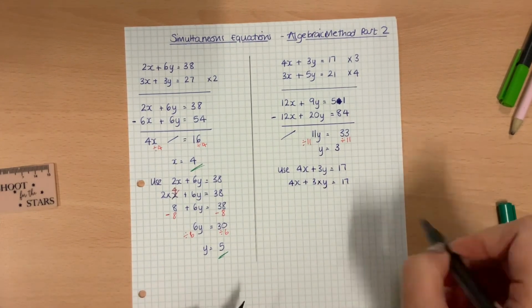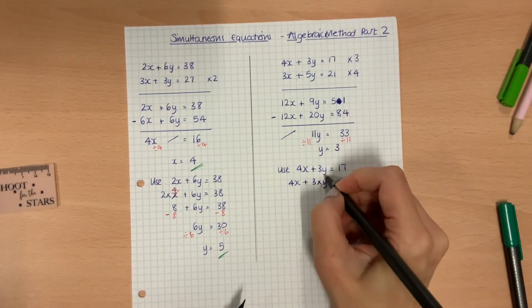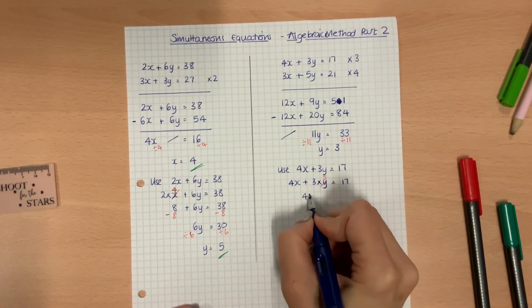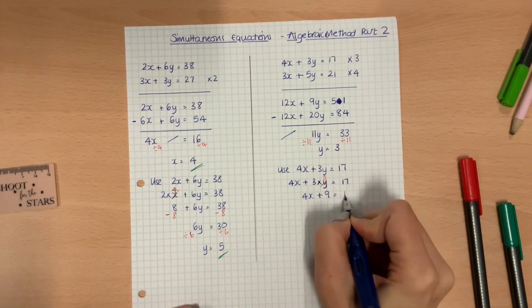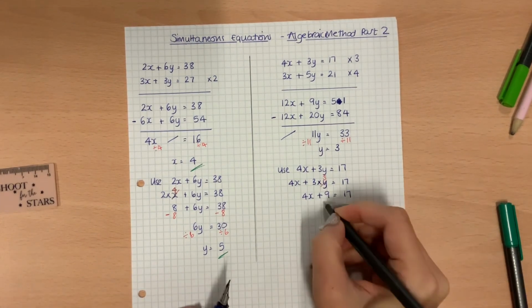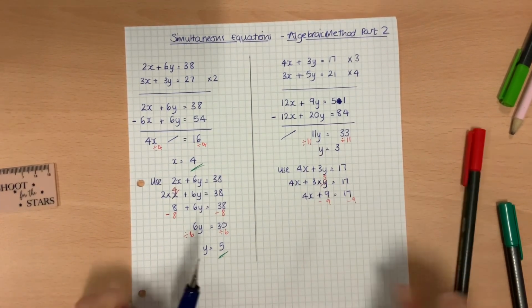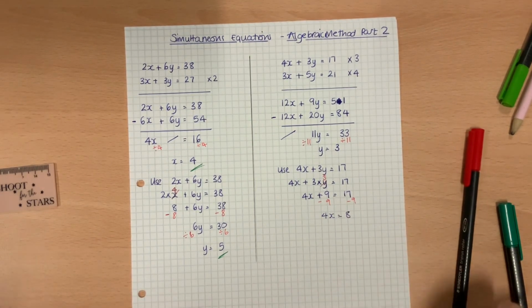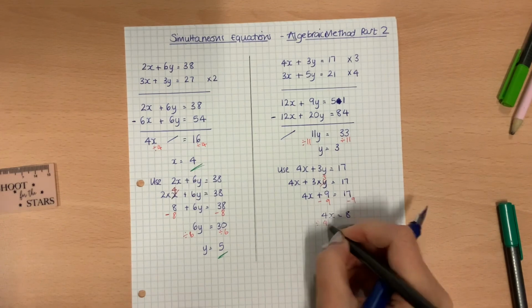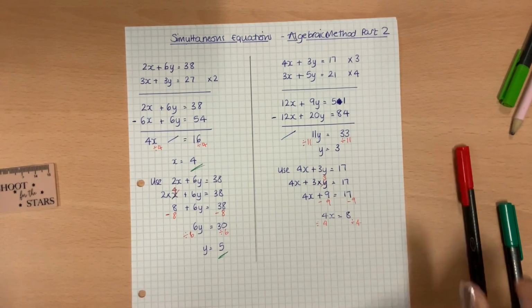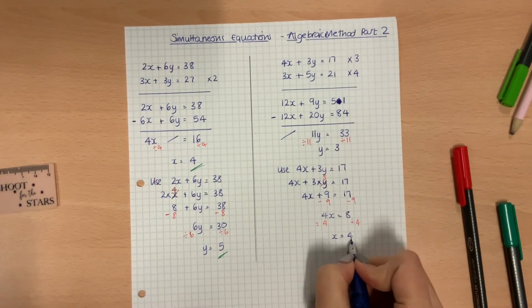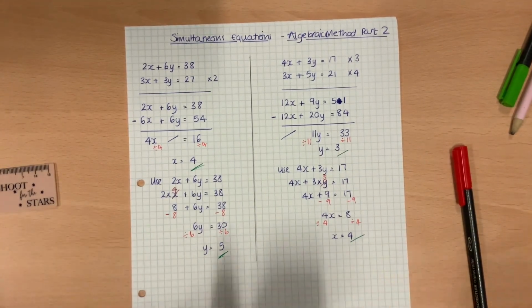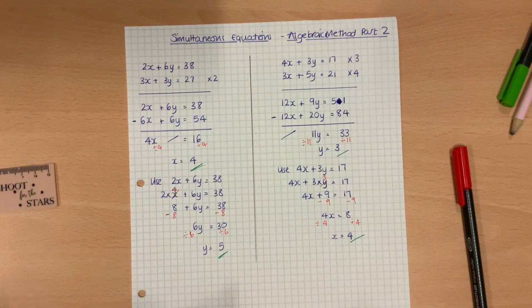So this time I know that y is 3. So I've got 4x plus 9 equals 17. Right, so let's take 9 away from each side. So I'm left with 4x equals 8, and then divide each side by 4. So x is 4, and there's our 2 answers. Okay, so now I want you to have a go at the questions.